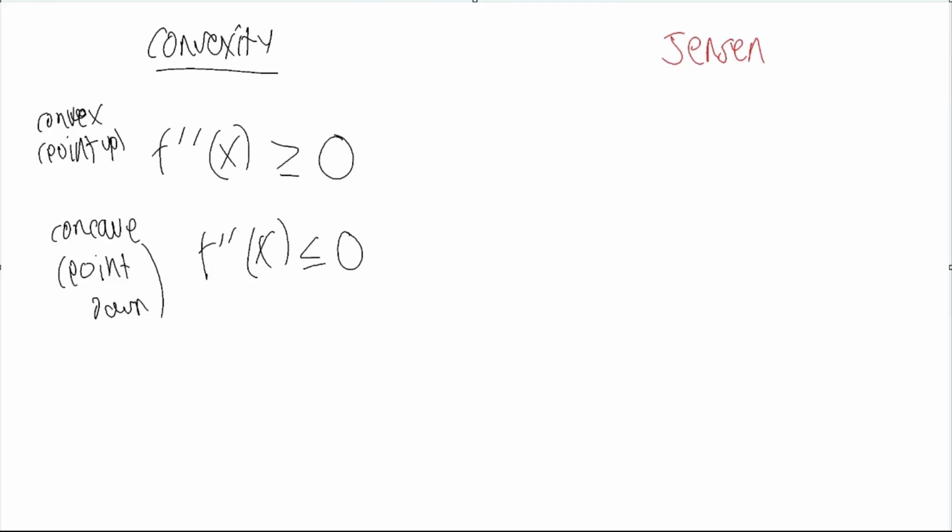Now, if you don't know calculus or what a derivative is, then that's okay. Here are some basic functions and whether they are convex or concave. So f of x equals x to the r is convex for r greater than 1 and x greater than 0.